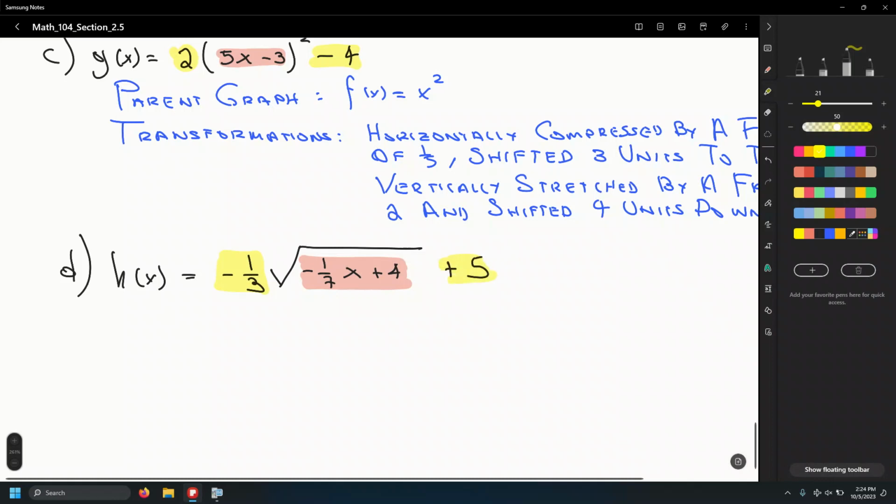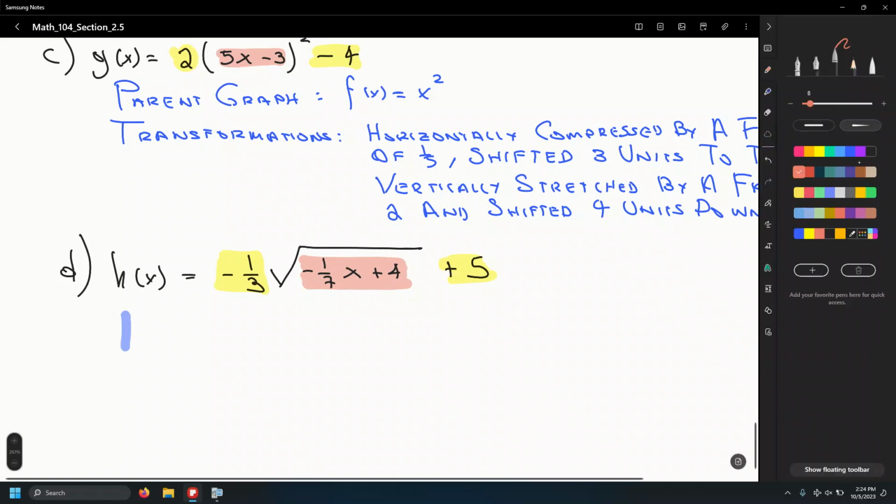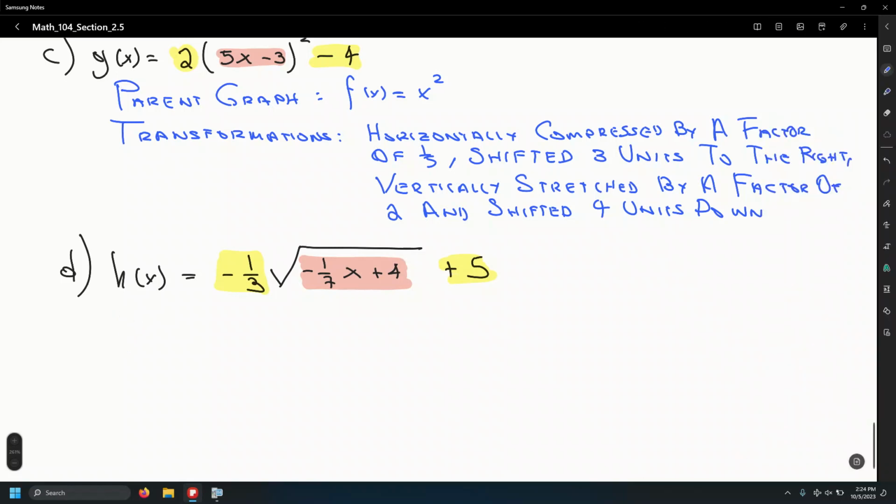So number one, let's identify the parent graph. What's a parent graph, first of all? f of x equals square root of x.